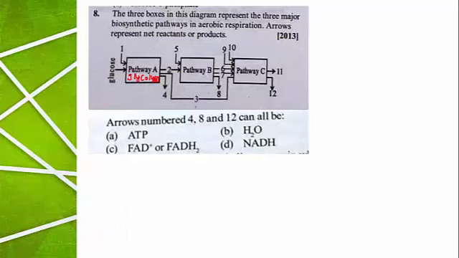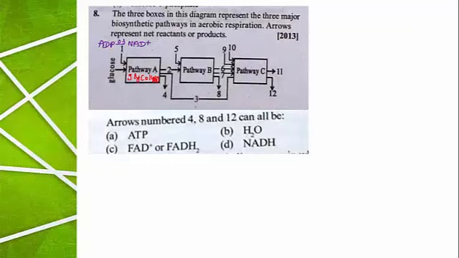Yes, so glucose is entering, so pathway A represents glycolysis. Inside glycolysis, there is one arrow, it may be ADP or it may be NAD plus, because in the last 5 reactions of glycolysis ADP is converted into ATP and NAD plus is converted into NADH.